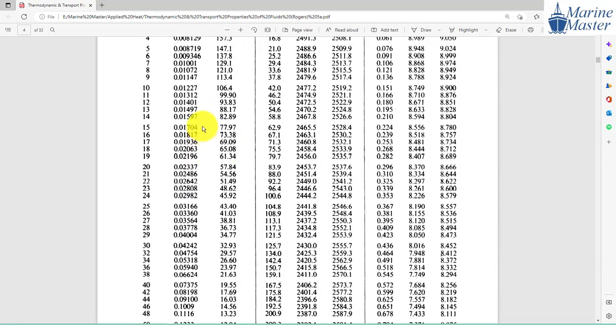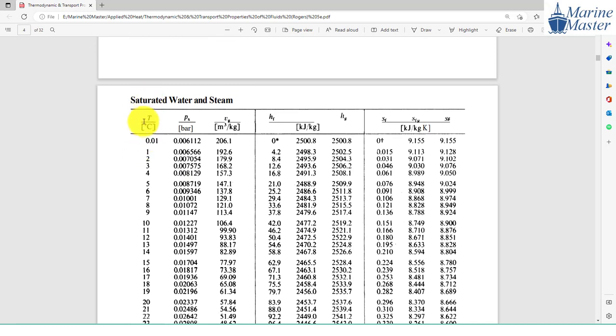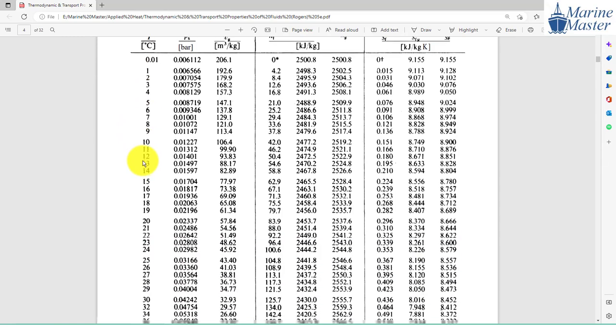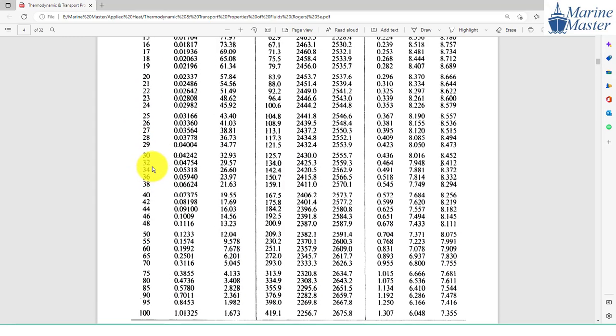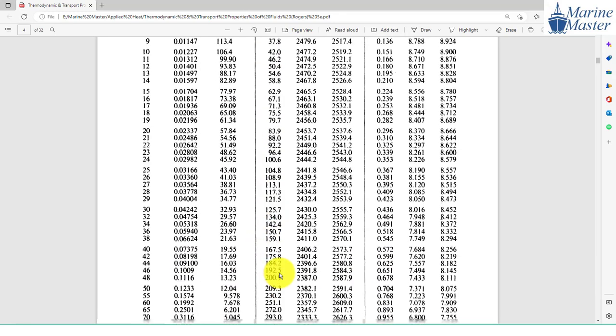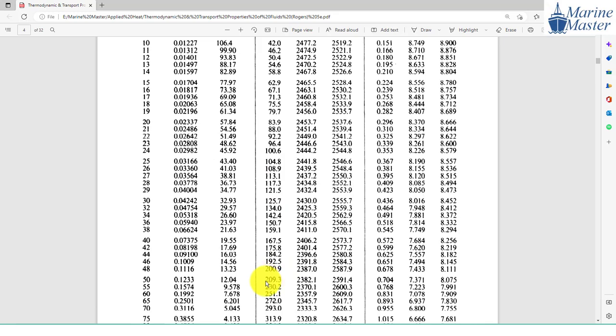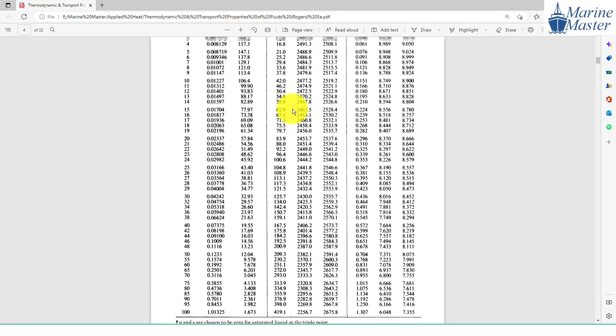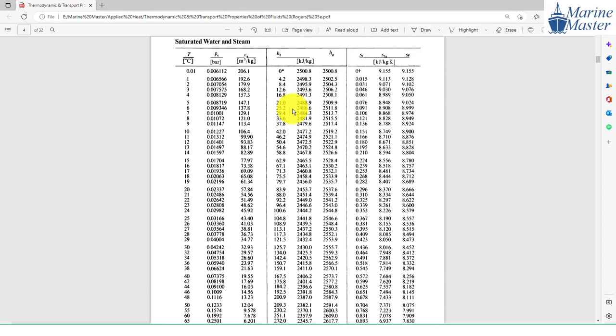The first table, where the first column is temperature. So we go to the first table of that property table, 50 degrees Celsius, and the corresponding HF. This column is of HF. For 50 degrees Celsius it is 209.3. Let me zoom out a little so you get an idea properly.